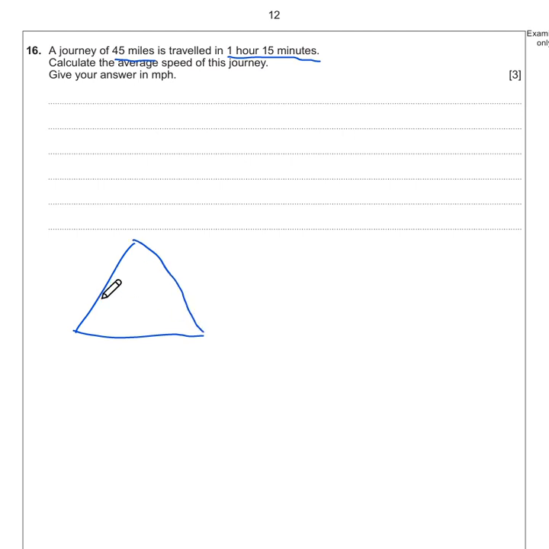If we think about our relationship between speed, distance and time, we've got distance at the top of this pyramid, speed and time. So if we want to think about speed, if we cover that up, then we can see that it's distance divided by time. So we've got speed equals distance divided by time.